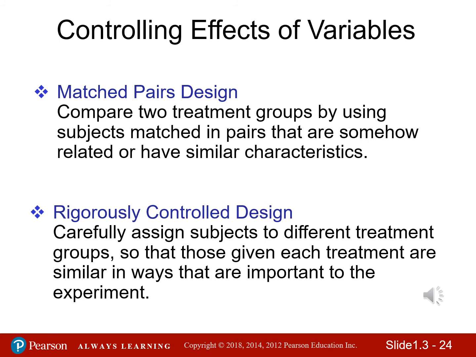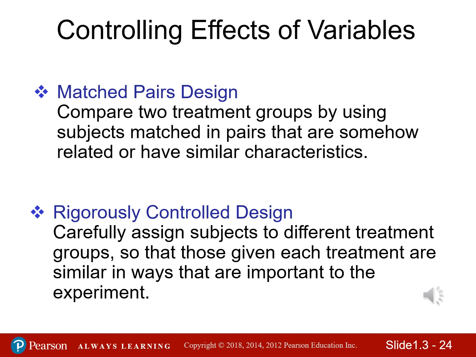Another type of experimental design is called rigorously controlled design. In these types of experimental designs, the subjects are carefully assigned to different treatment groups so that those given each treatment are similar in ways that are important to the experiment.